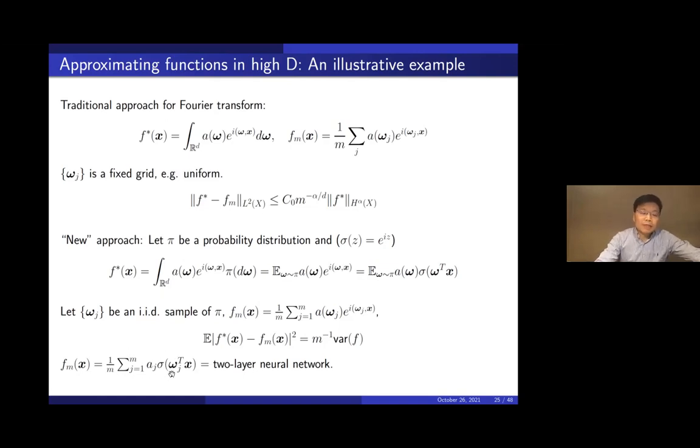So if a target function can be expressed like this, then it can be approximated by a two-layer neural network with an approximation rate that does not suffer from the curse of dimensionality. So the question becomes, what kind of function can be expressed like this? There's a big difference between this expression and this expression.